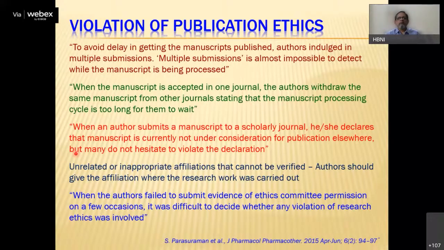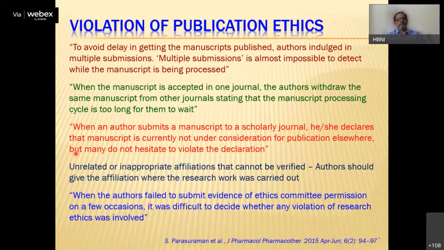So, unrelated or inappropriate affiliations also cannot be verified. This is another problem because the author can give certain affiliations which do not exist or cannot be found on the internet. That becomes a problem because journals should know where a particular manuscript has originated from.